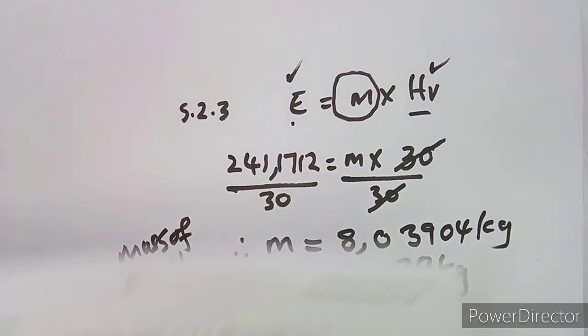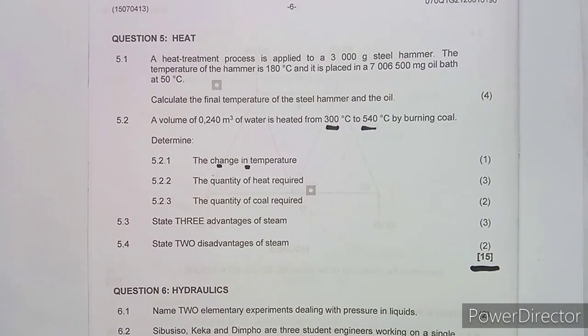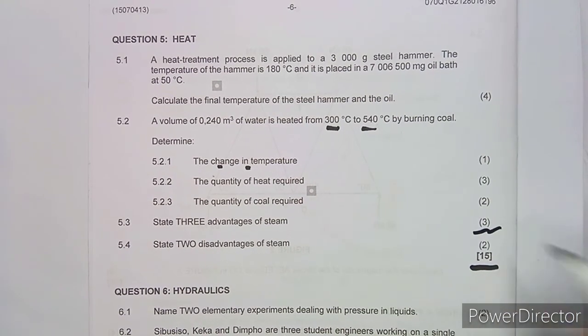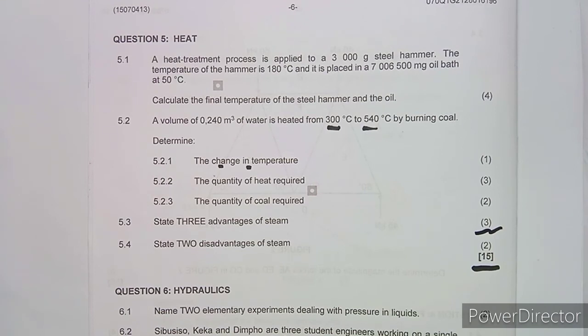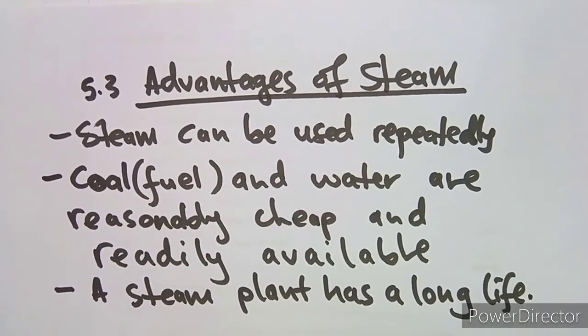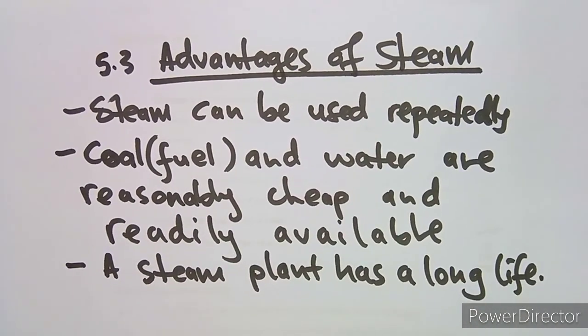Anyways, let's see the other part that we're given, that is 5.3: state 3 advantages of steam. We've been talking about this. These are the ones that I'm having for you guys that you can take from, and maybe you can memorize and also find others. So the advantages of steam that we have: steam can be used repeatedly.